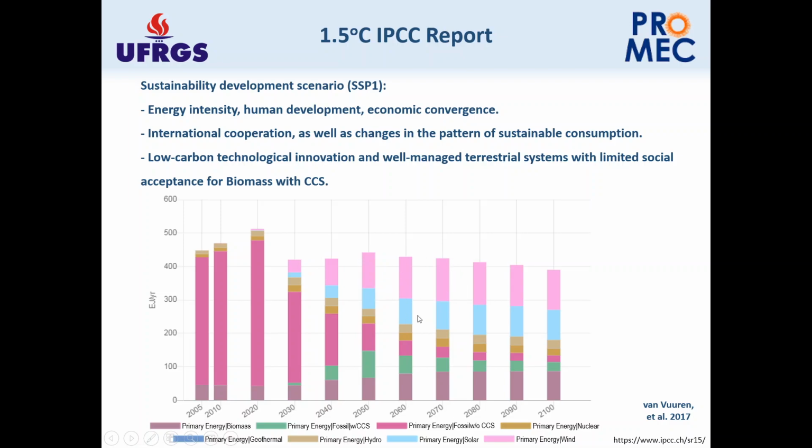You have an increase in solar power. Nuclear power stays the same. Hydropower increases a little bit, and you also have fossil fuels with carbon capture storage. By 2050, they estimate that fossil fuels with carbon capture storage will reach the peak.